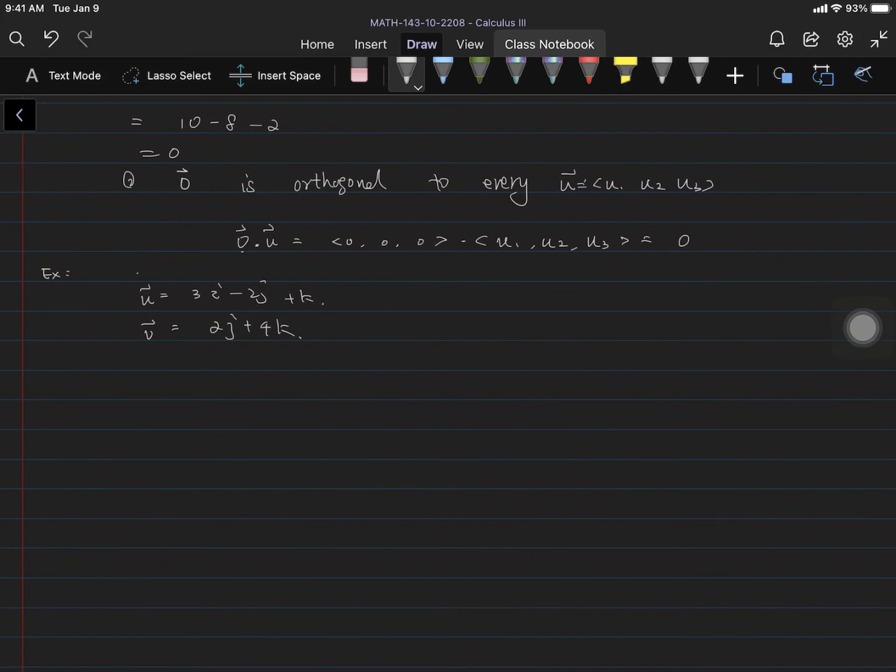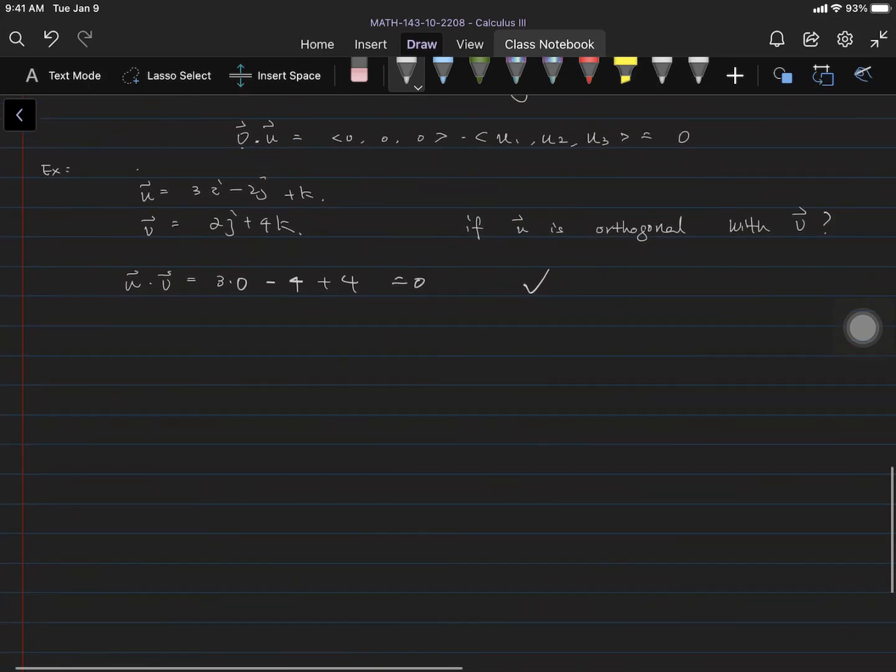We just want to see if u is orthogonal to v, so we do the dot product. u dot v equals, for this problem, the i component of v is 0, so it's 3 times 0, minus 4 plus 4. It is 0, so yes, orthogonal.